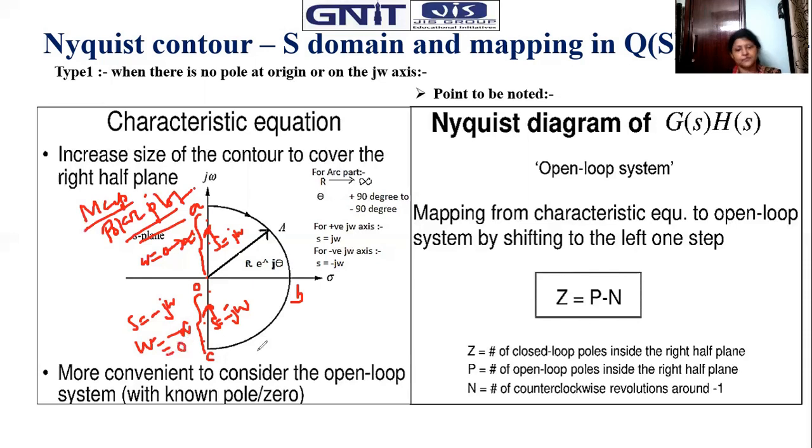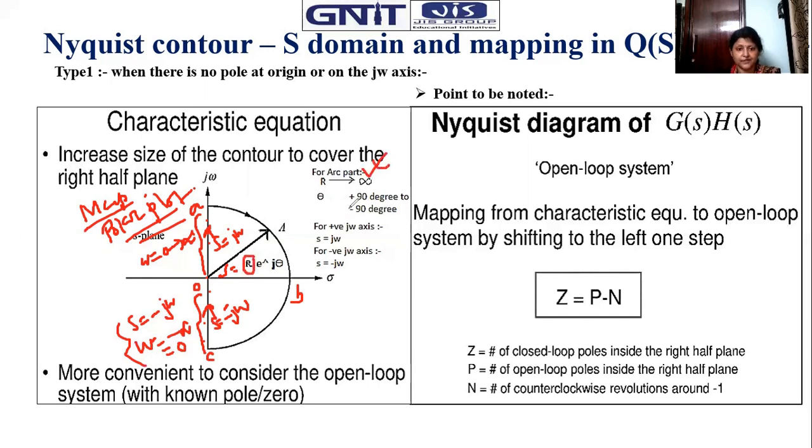Then we have an arc existing throughout the right hand plane of the s-plane. We name the arc by three points, A, B, C. Then from C to O, again there is the j omega axis.